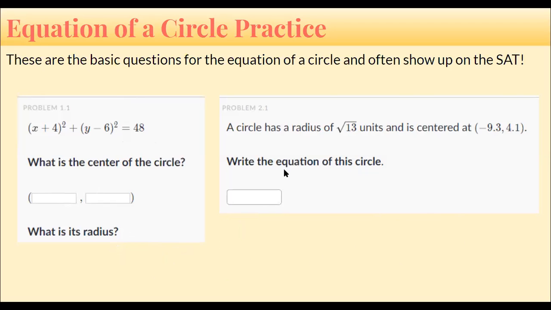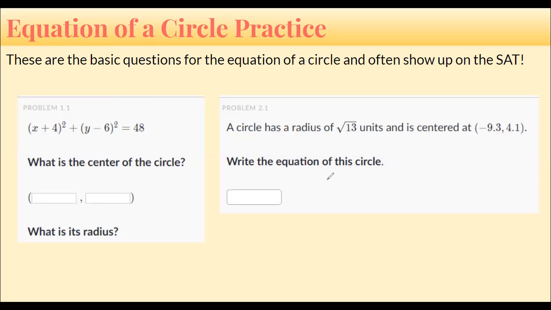Now let's look at problem 2.1. The circle has a radius of square root of 13 units and is centered at (-9.3, 4.1). Write the equation of the circle. Let's do this.